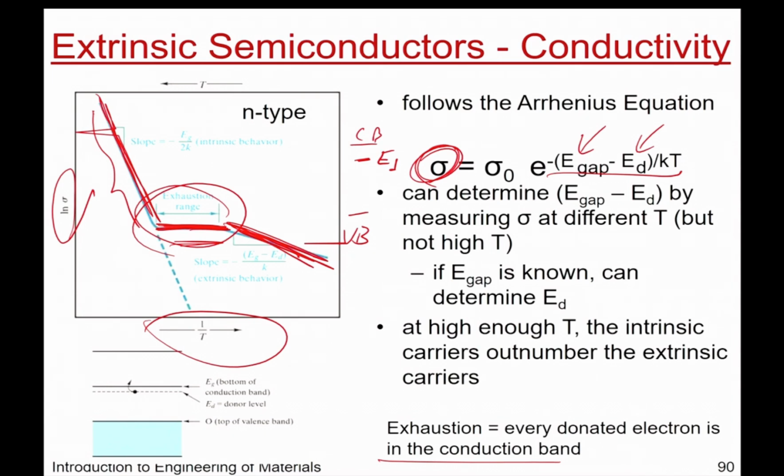You increase the temperature, it doesn't do anything. But as soon as you pass some threshold temperature, it'll start behaving like an intrinsic material, where increasing temperature increases conductivity. So at high enough temperature, your extrinsic material will behave like an intrinsic one.